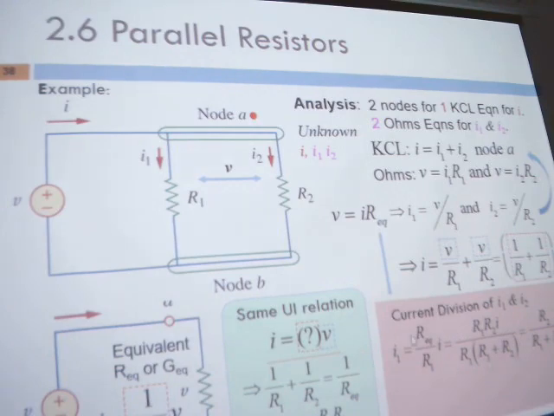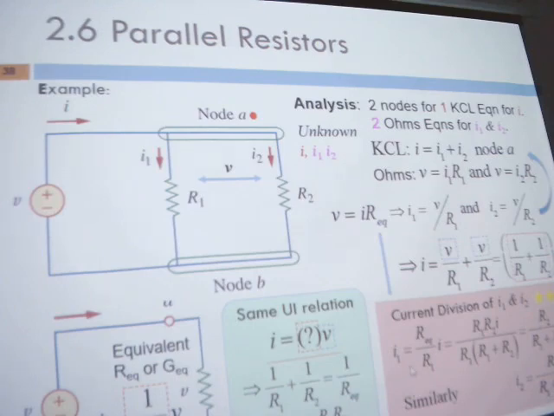Req is here, and we get this equation, which can be rewritten like this one. Following the same procedure, we get I2. We can write I2 like this one, and we observe those two equations.